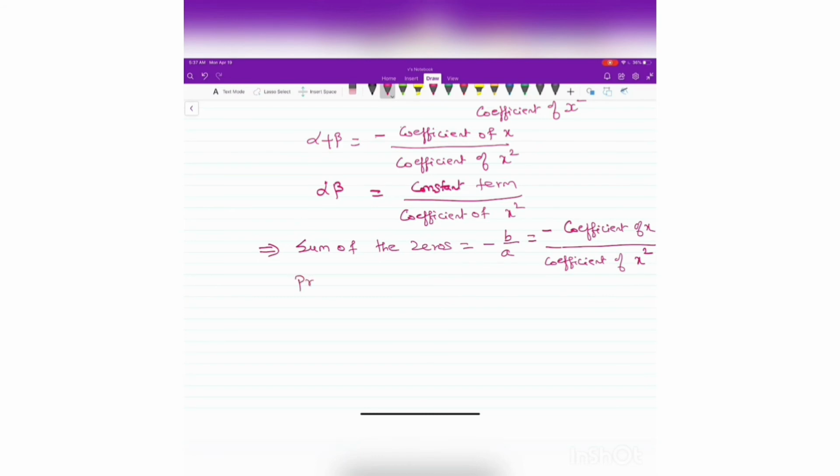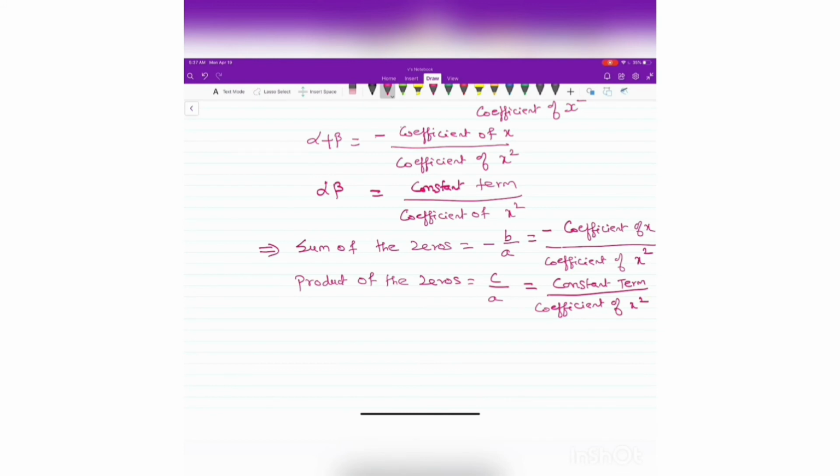So product of the zeros is equal to C by A, that is constant term by coefficient of x square.